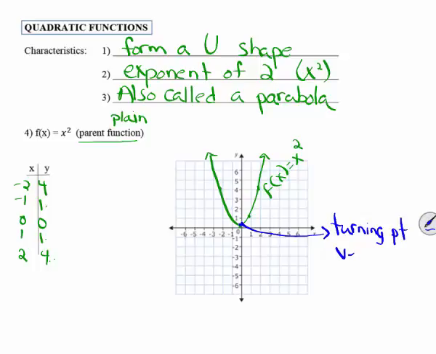It's also called the vertex, and those are going to be some words that we're going to keep using throughout the rest of the chapter and the rest of the year. Okay, it's the turning point, it's the vertex. It's also where it meets the x-axis, it's also called a zero. Not because it's at zero, but because, and we'll talk a little bit more about that in our next example. All right, so let's try the next one.